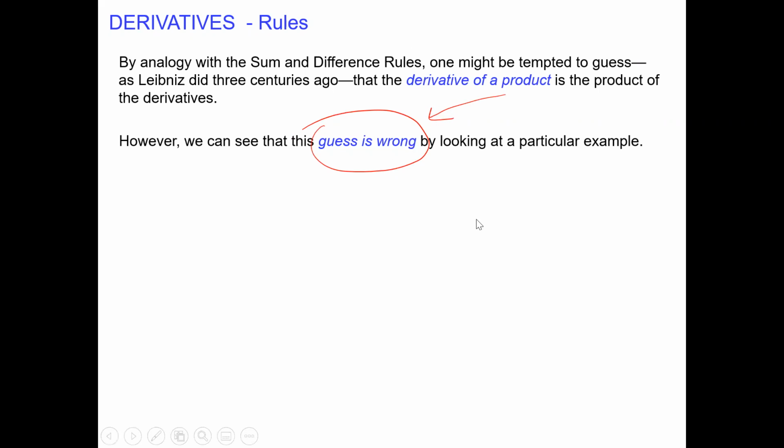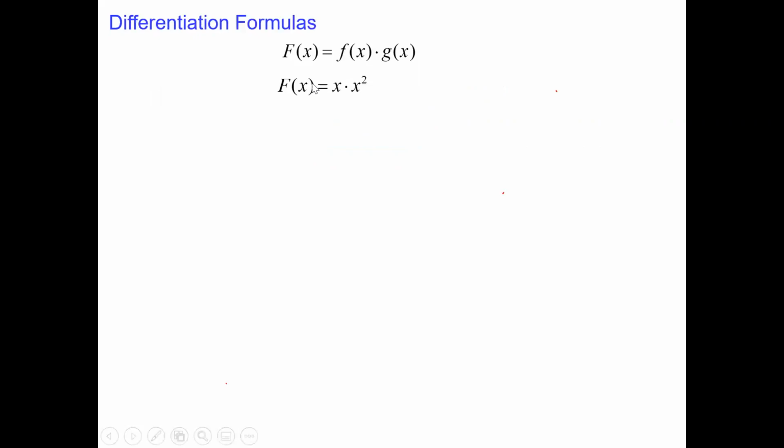Let's see, we have to figure it out. So for instance, if I take a product of two functions, f of x times g of x, and I just pick easy functions, x times x squared, we may think that the derivative of the product will be the product of their derivatives. But you see my question mark. We're still not sure.